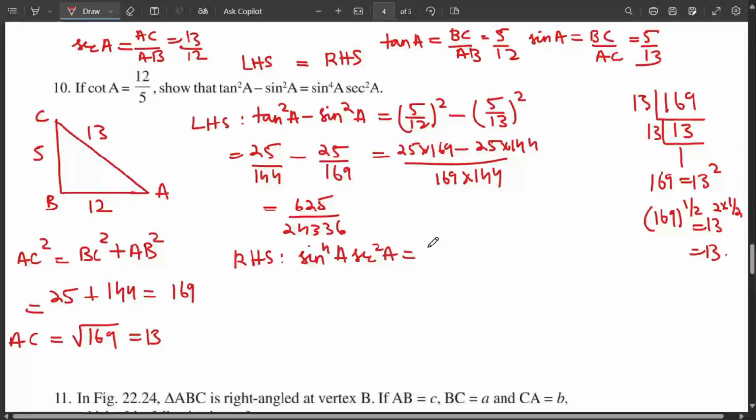So 5 by 13 whole to the power 4 means 5 into 5 into 5 into 5 divided by 13 into 13 into 13 into 13, into secant A is nothing but 13 by 12. So secant square A is equal to 13 into 13 whole divided by 12 into 12, which is equal to, you can cancel out two 13s.